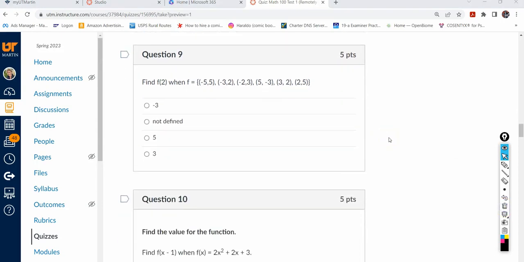All right, so now we want to find f evaluated at 2. Well, what a function does is it takes a point on the graph of the function and it maps the x-coordinate into the y-coordinate. So f evaluated at x is equal to y. So now if we want f evaluated at 2, we find the point whose x-coordinate is 2.